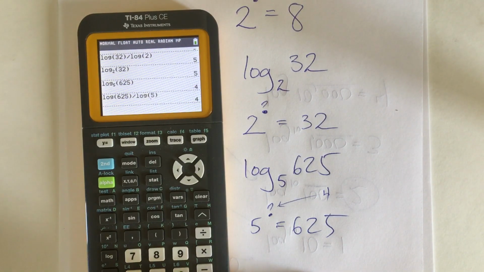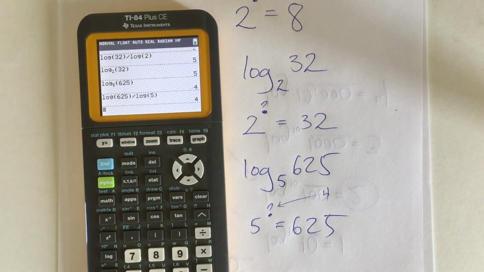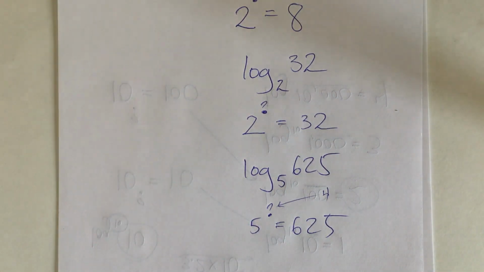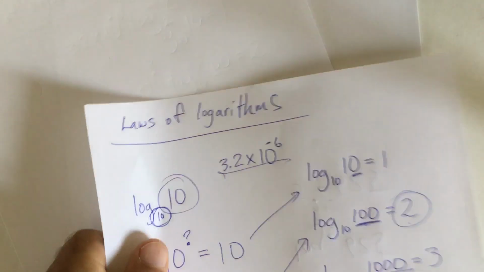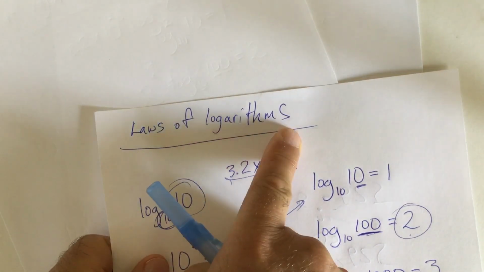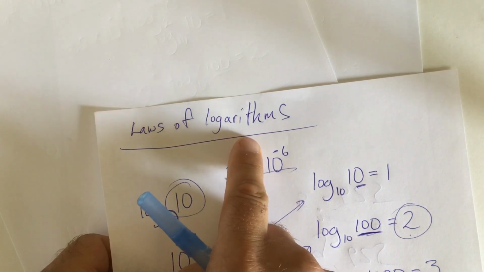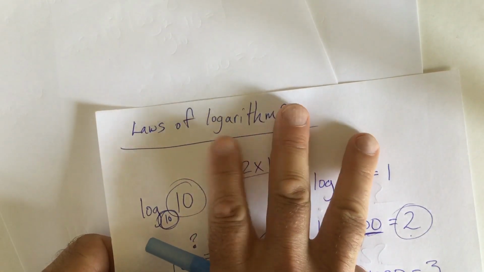Now, there are so many different things we can do with logs. So this lesson is about one specific trick you can do, which is called the laws of logarithms. So here we go. The laws of logarithms, there's 3 of them.